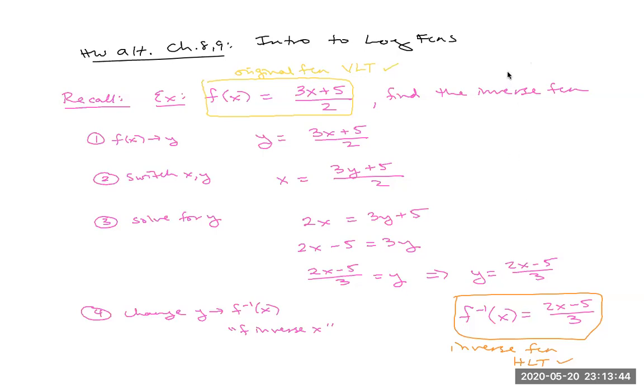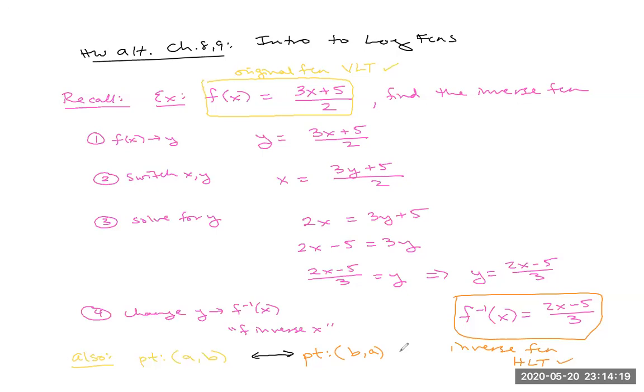And then remember also, if point AB is on the graph of f, then the point BA will be on the graph of f inverse. So let's just choose an x value. Let's say I choose x to be 1.